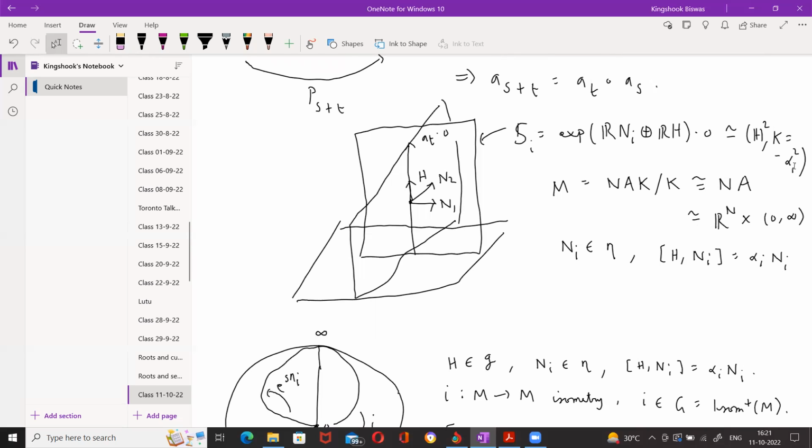I get a copy of little sl2R for each eigenvector Ni, and that gives me a totally geodesic copy of H2, except the sectional curvature is minus alpha i squared instead of minus 1 in general. That's all. Any questions?